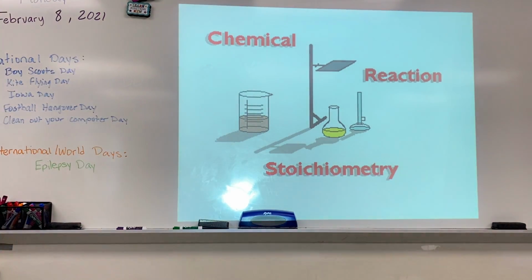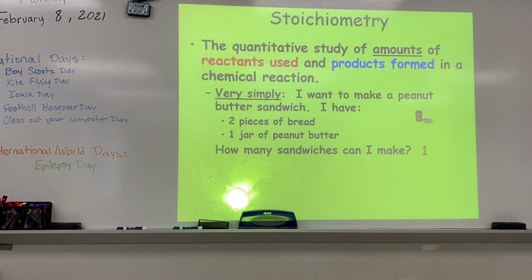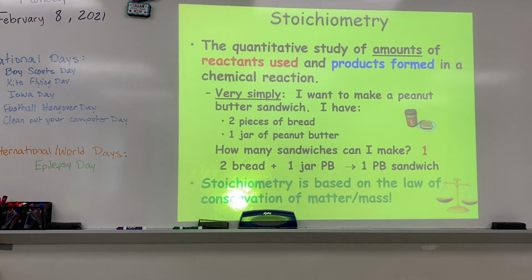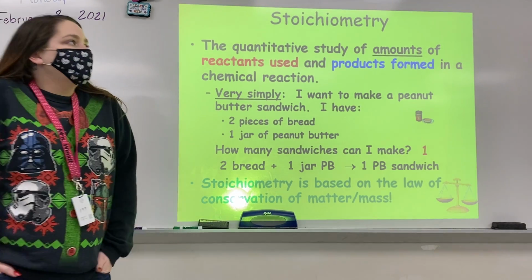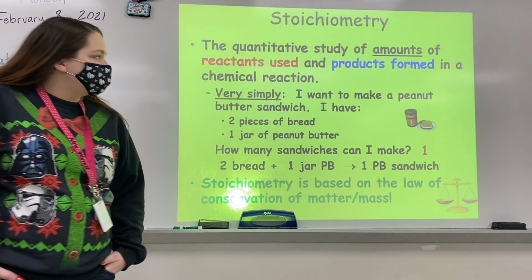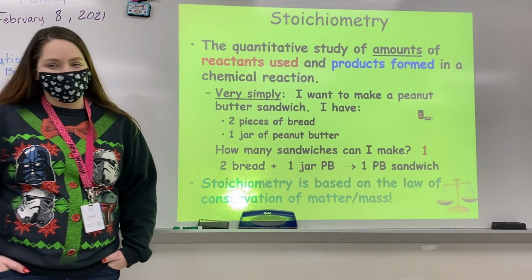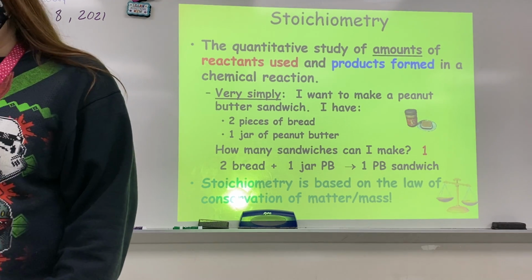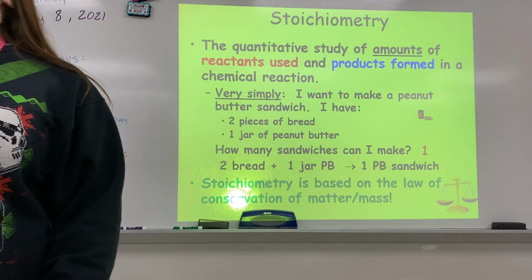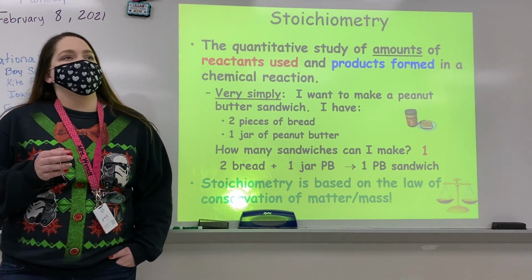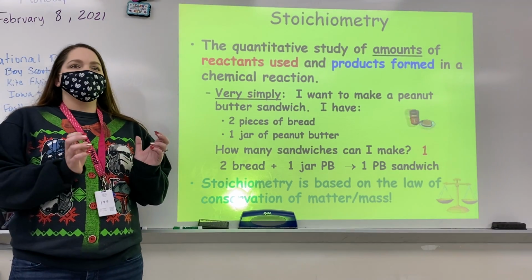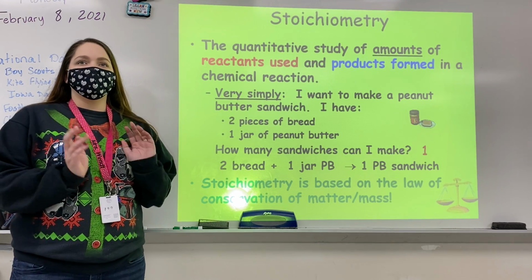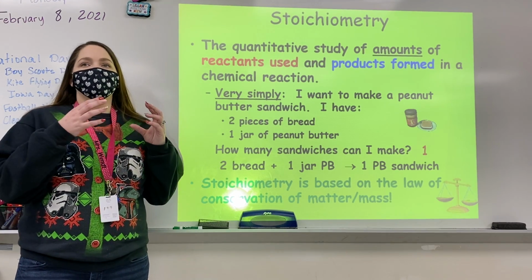So what stoichiometry is, the technical definition of stoichiometry is the quantitative study of amounts of reactants used and products formed in a chemical reaction. So basically, what chemists are most concerned about is, given a certain amount of our reactants, remember, everything on the left-hand side of the arrow, those are our reactants.